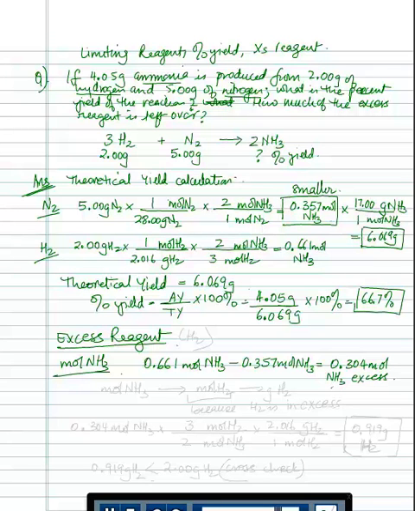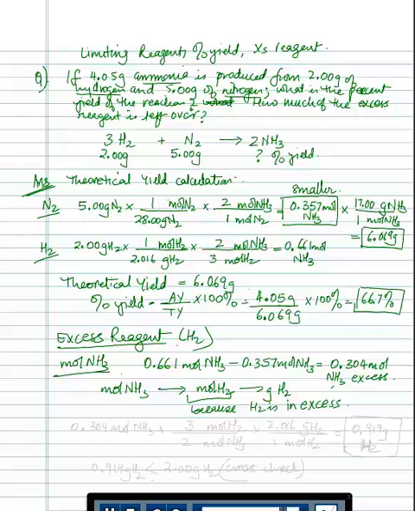But this is excess of ammonia, okay, so I need to figure out the excess of my reagent, which if you remember was hydrogen, okay, so which means my strategy is to go from moles of ammonia to moles of hydrogen to give me grams of hydrogen, okay, because H2 is in excess, okay, so that's what I'm calculating for, all right.